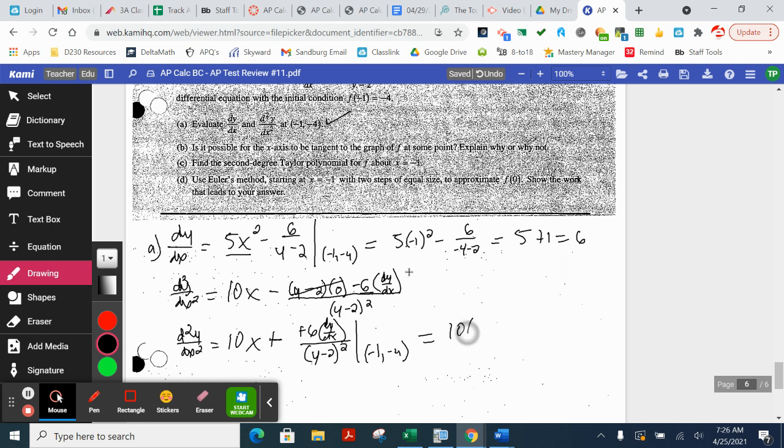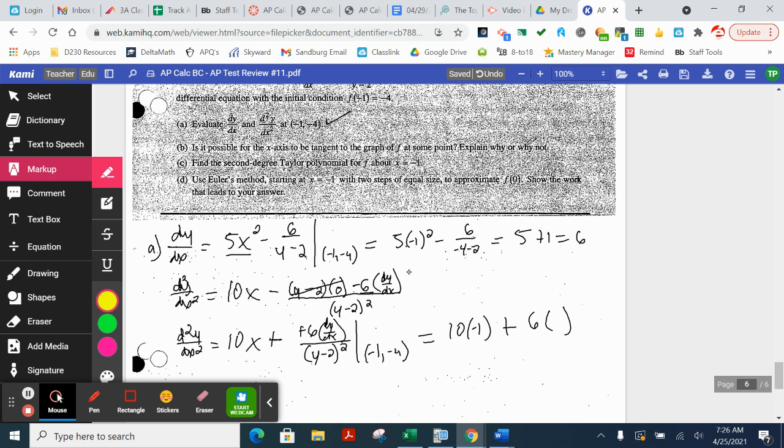So this is 10 times a negative 1 plus 6. And then you could substitute in your dy dx, but don't we already know? So here's our dy dx. So we could plug that in and then evaluate it at negative 1, negative 4. But isn't that what we did earlier? Didn't we already take dy dx at the negative 1, negative 4 and get a value of 6?